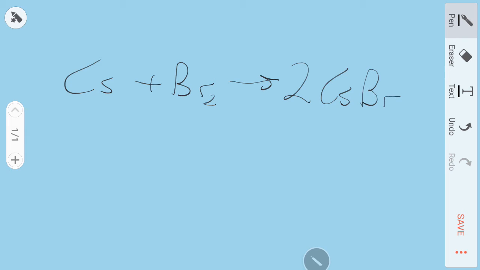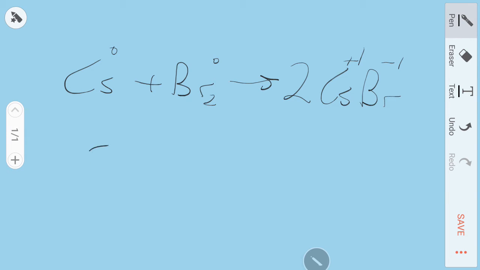Number 3, because you know how we be, is Cs plus Br2 gives me 2CsBr. Fantastic. Cesium here is alone, so it has a 0 charge. Bromine is a diatom, so in this case it also has a 0 charge. In this ionic compound, where cesium is the metal and bromine is the nonmetal, you can use your periodic table and you will get a +1 charge and -1 charge.